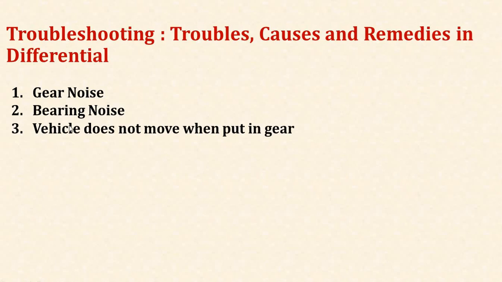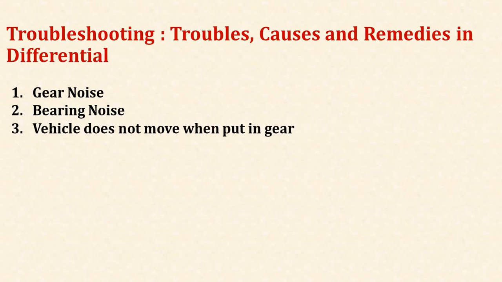Then the last trouble which we face is that the vehicle does not move when put in gear. So what are the causes? Generally, broken teeth of the crown wheel and pinion, then a broken cross or star pinion, then a broken flange key, broken propeller shaft, or broken axle shaft.